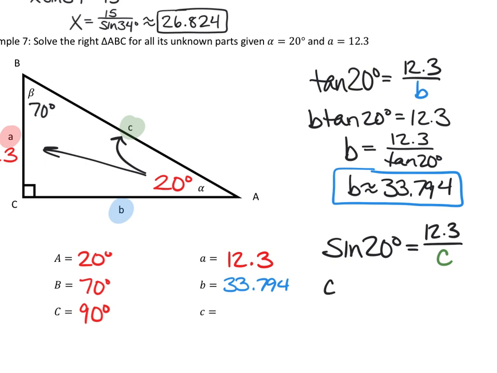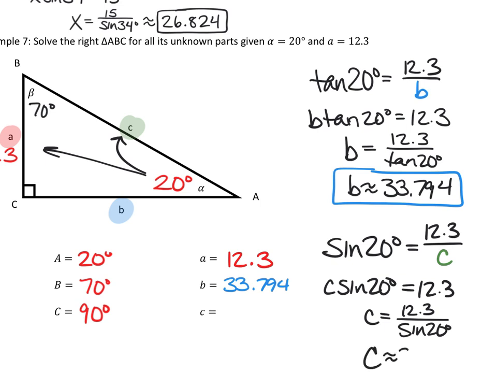Multiply both sides by C, divide by sine of 20 degrees, throw that into a calculator, and we'd be able to find the value C, which is approximately 35.963.